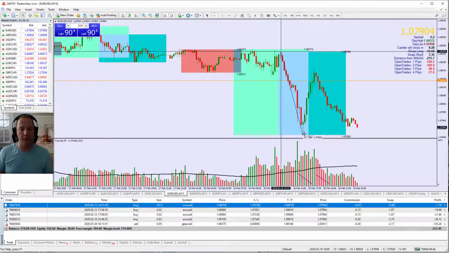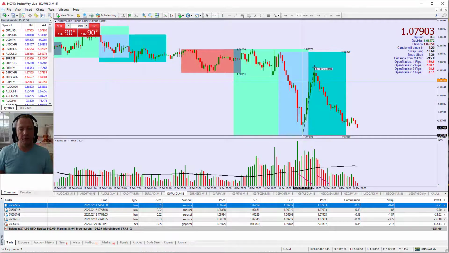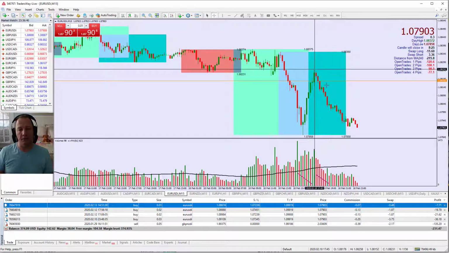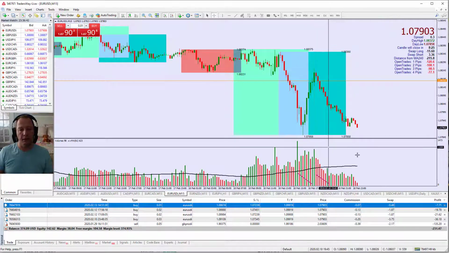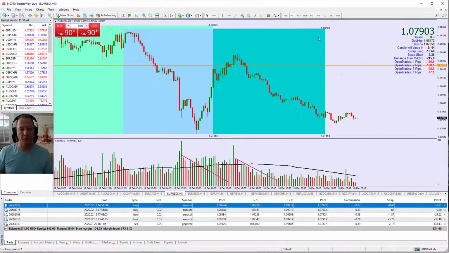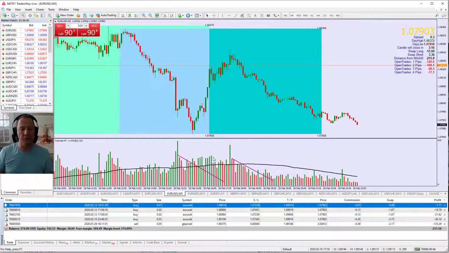Euro USD has been going up and down today. It dropped from the top of the morning down 40 pips, then took back 41 pips, and then dropped back down again. Now the one thing with Euro USD is that the money starts to fade on the shorts. So this is the short move, and the money just seems to come back out of it. So less and less supply of that, or less and less participation of that.